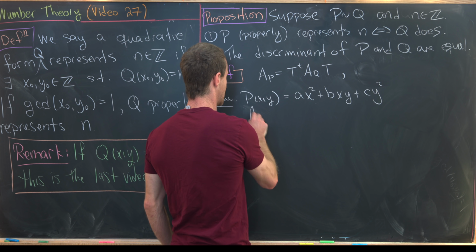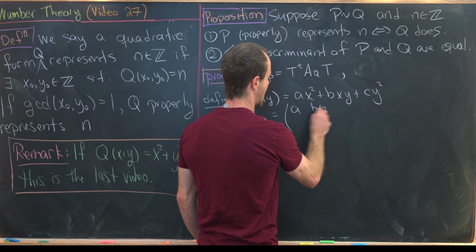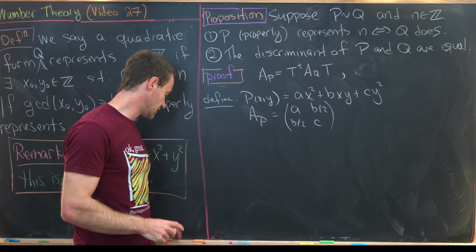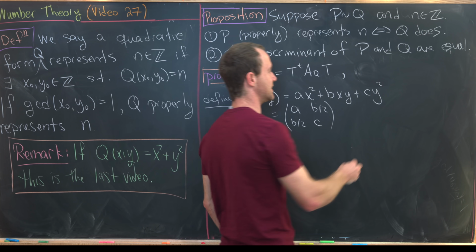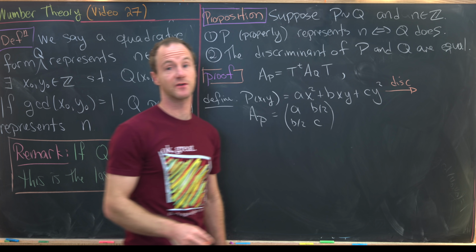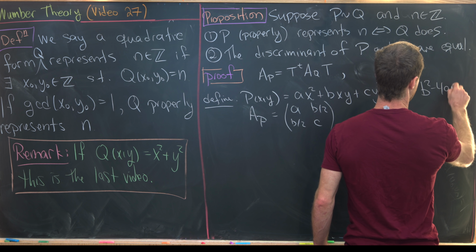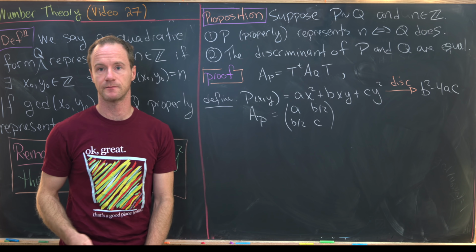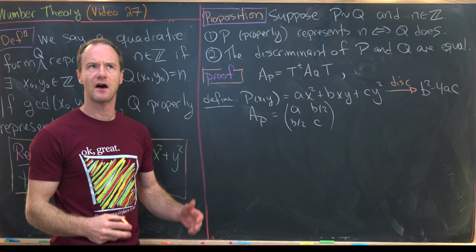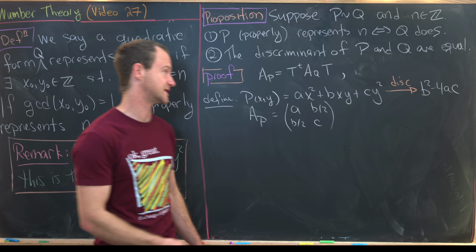Let's notice that that makes A_P, the matrix associated to this, a, b halves, and c. Now we want to look for a relation between the discriminant here, which we recall is b squared minus 4ac, and this matrix here. So we're trying to assign a number to a matrix. Now the easiest way to do that is with something called the determinant. So that should be our first guess.